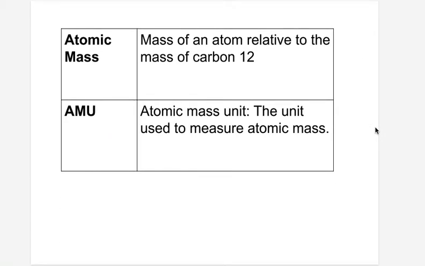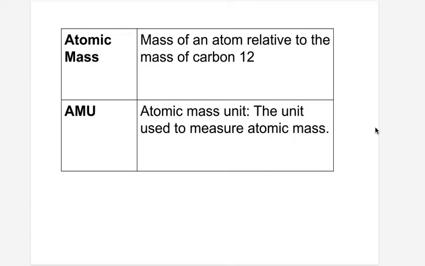So, atomic mass, just a little review from stuff that we did way at the beginning of the year, is the mass of an atom relative to the mass of carbon-12. So, it's the mass of an atom when we're comparing it to carbon-12. And carbon-12 is a known mass, so when we look at other atoms, you create atomic mass by comparing it to that atom. Pretty simple.